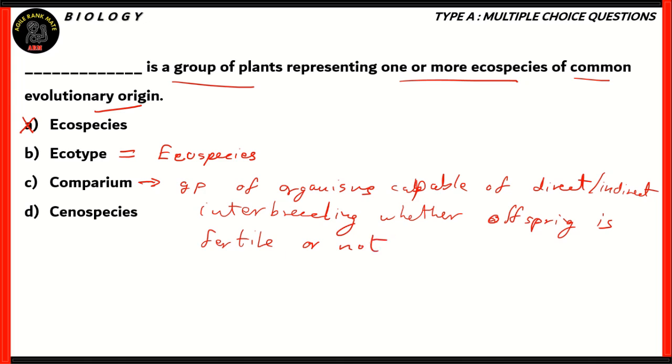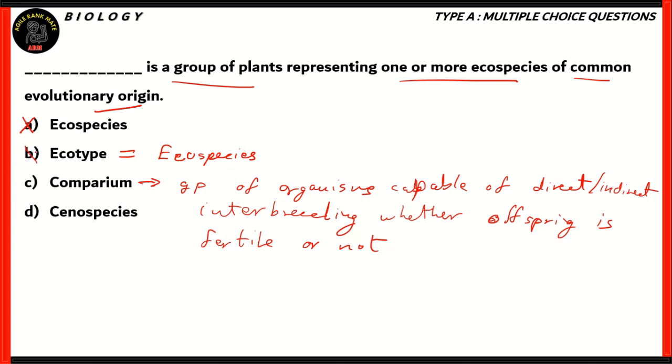So we're talking about ligers, hinnies, mules. These are examples of comparium. So basically, their parents, like lions and tigers, constitute a comparium, horses and donkeys constitute a comparium, and so on.